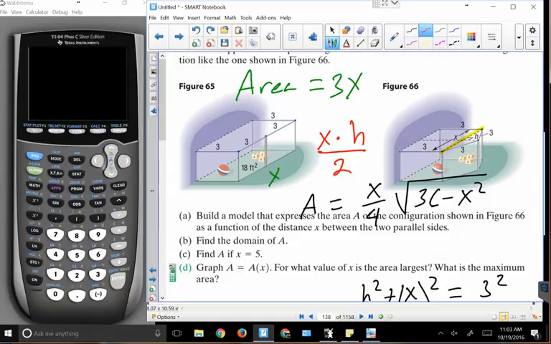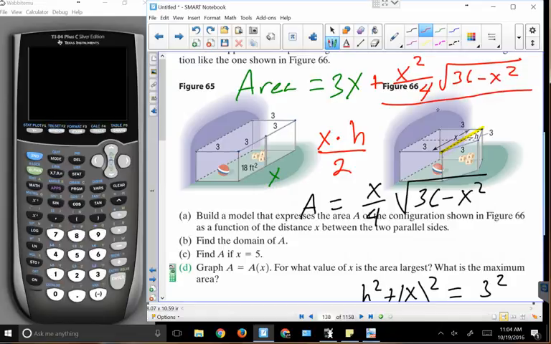This is going to get added with x squared, multiplied by h: x times x over 4 times the square root of 36 minus x squared, and guess what this is all over now? 2.